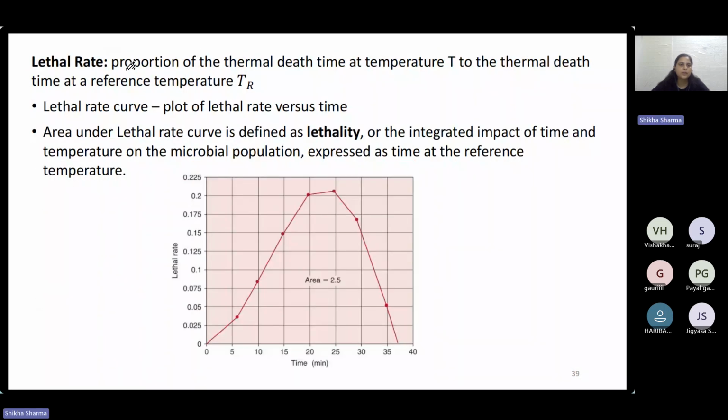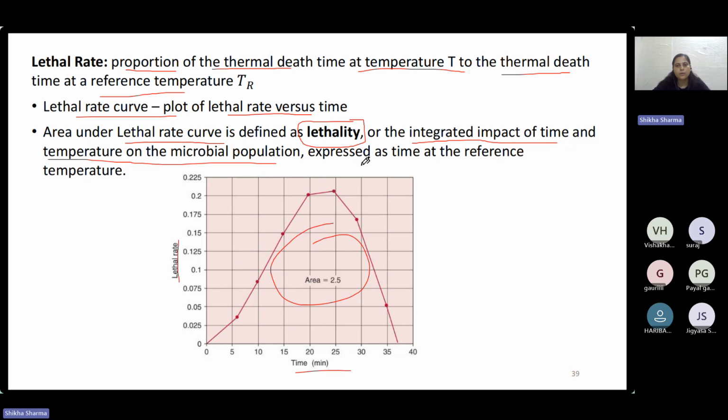Now is the lethal rate. What is lethal rate? It is the proportion of the thermal death time at a temperature T to the thermal death time at a reference temperature Tr. So this is the lethal rate curve against time. This much is the lethality. The lethal rate curve is a plot of lethal rate, and when we take the area under this curve, it is known as lethality, the integrated impact of time and temperature on the microbial population.